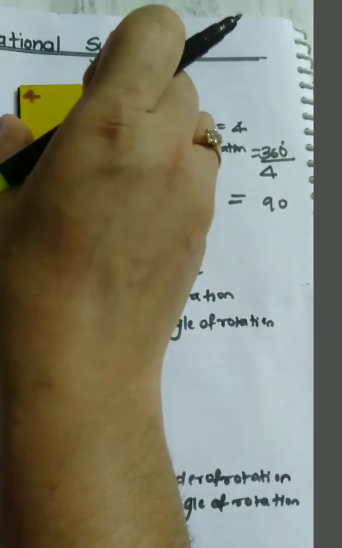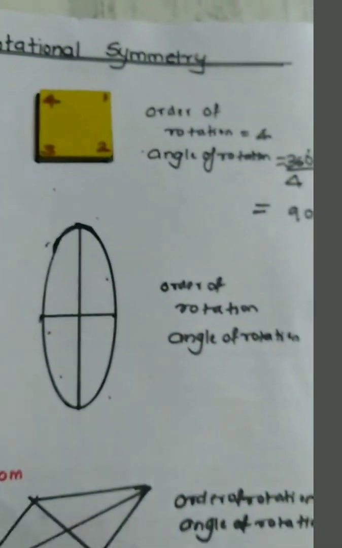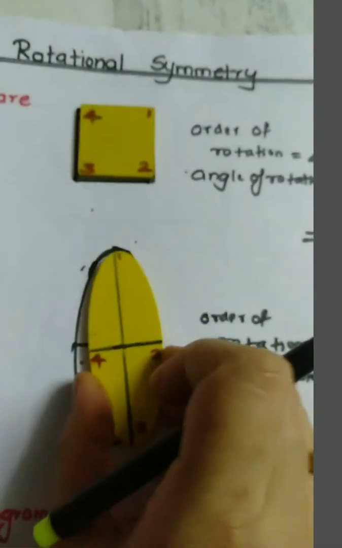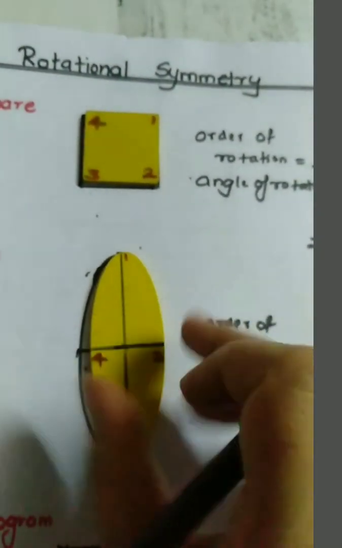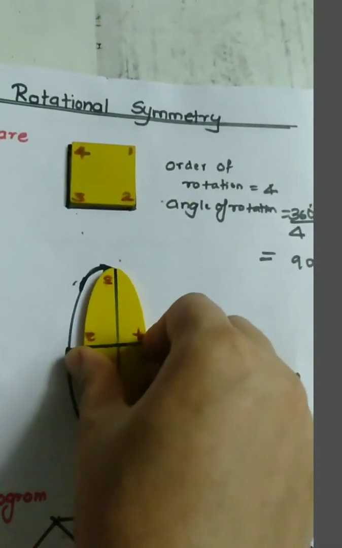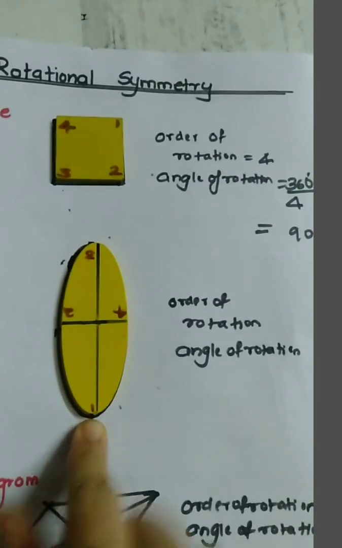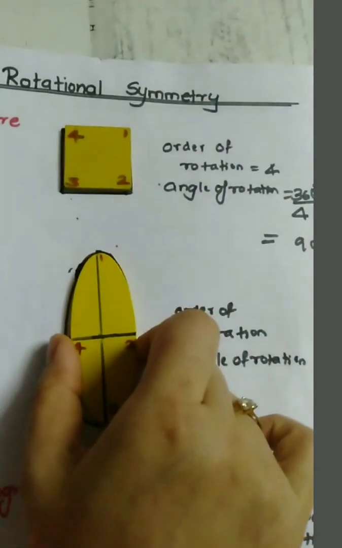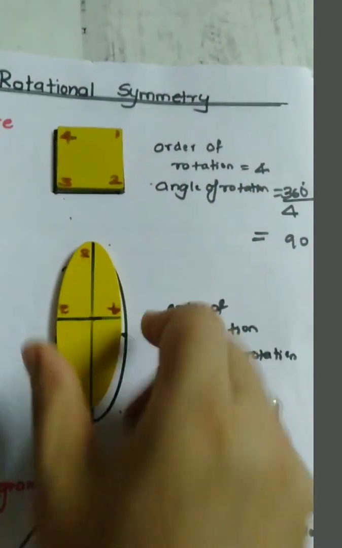Let us take this shape, an oval. Here I marked 1, 2, 3, 4. Now I will give a rotation. One rotation, the shape looks the same. Again one more rotation, the shape looks the same. Every half rotation the shape looks the same.